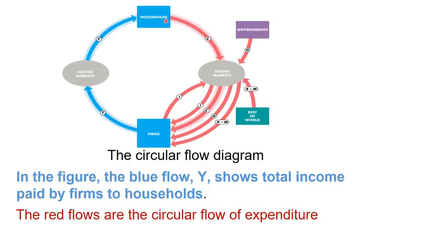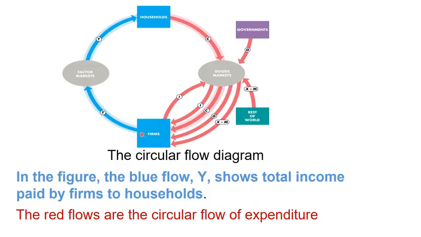Let's just go to the next one, which is the red ones. The red ones here represent the expenditures, how they spend it. In the figure, the total aggregate income is received by households, all of the blue ones, including retained earnings.